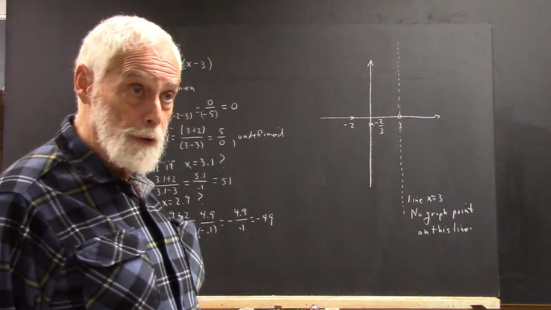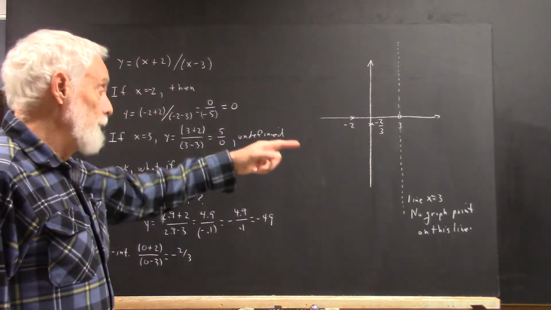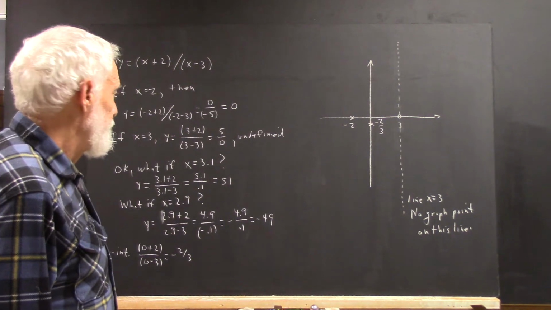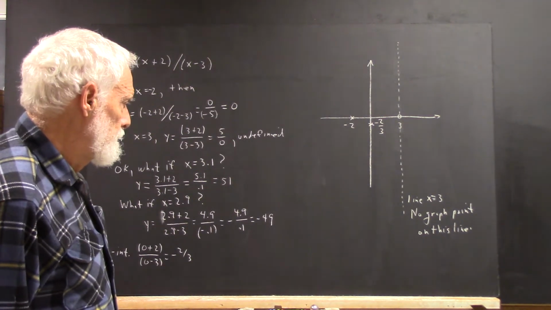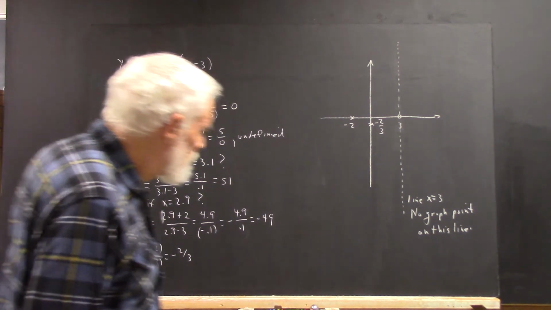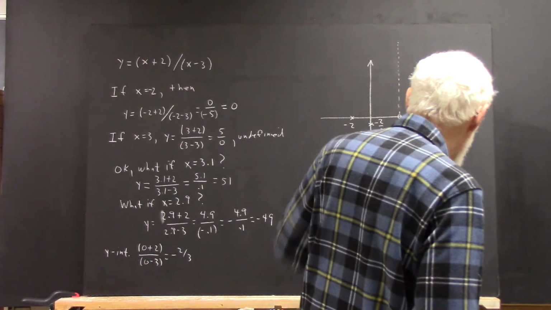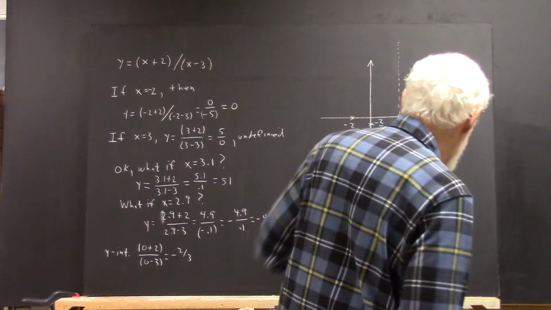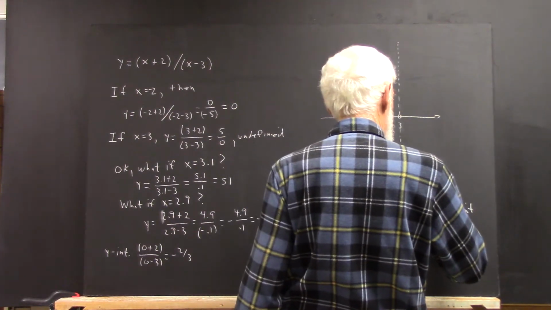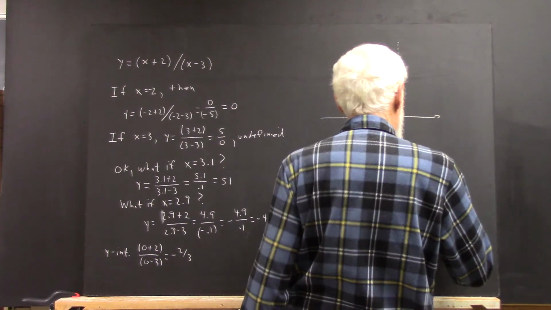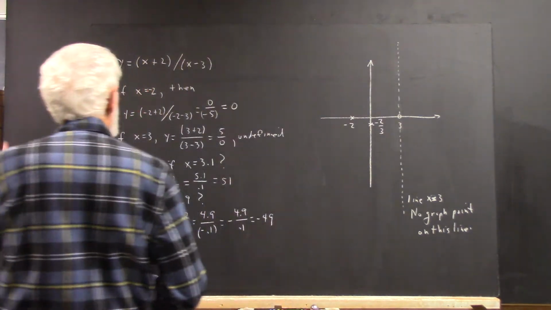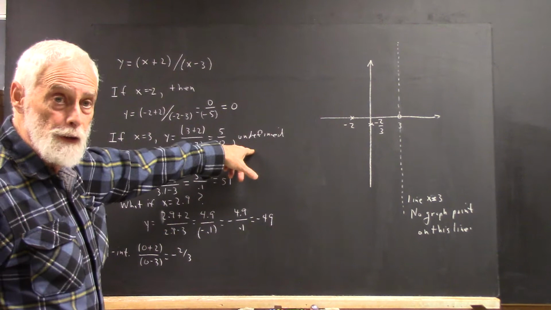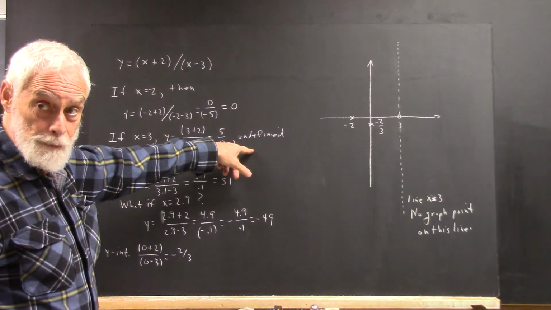Cannot have a graph point on this line because that line is where x equals 3. Well, my equal sign wasn't very good. Let's make sure. Got that. Okay, because if we plug in 3, we get an undefined value. There is no value, no y value.